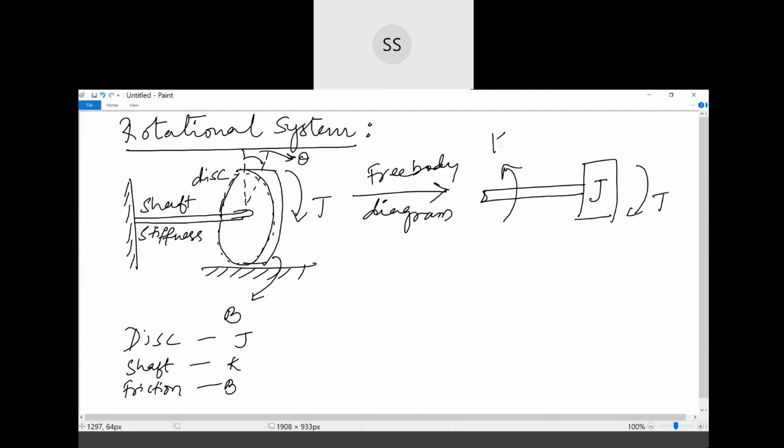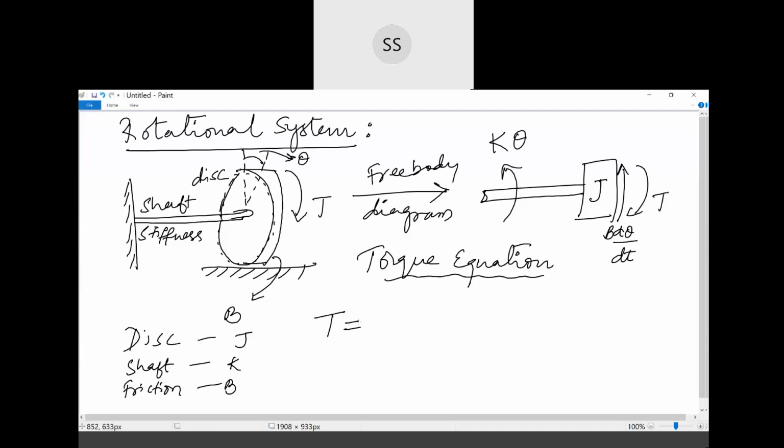Because of this, the shaft stiffness, that is springing effect, is K into theta, and similarly the disk is also associated with B into d theta by dt. Now using this, we have to obtain the torque equation. So the torque equation is written like this.